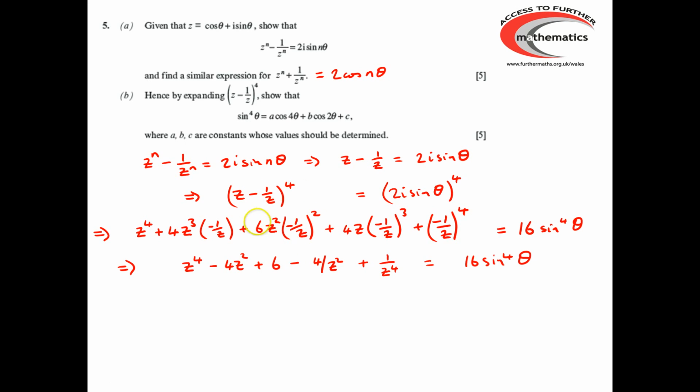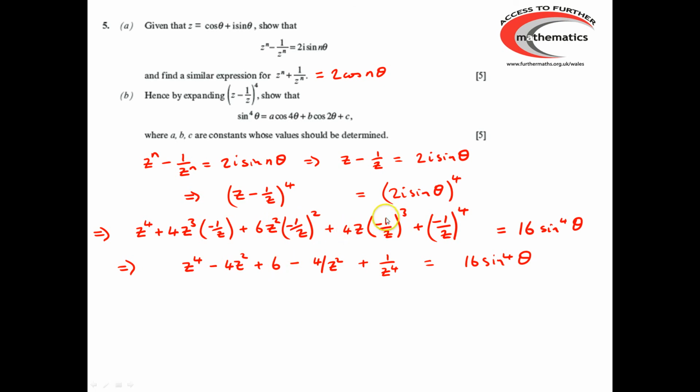The third term, we've got 6, then we've got z squared times minus 1 over z all squared, and minus 1 over z all squared is 1 over z squared. So we've got 6 times z squared times 1 over z squared, which just gives me 6.